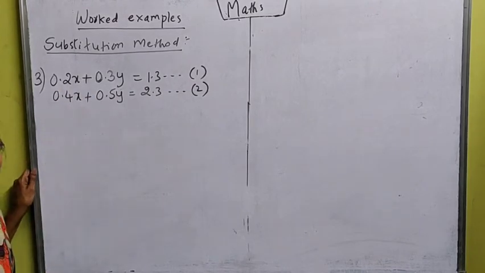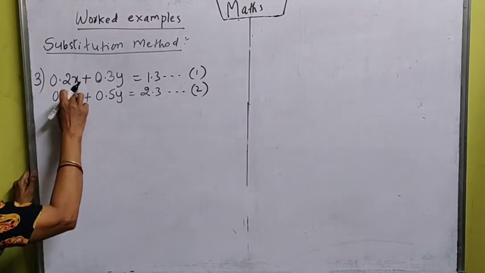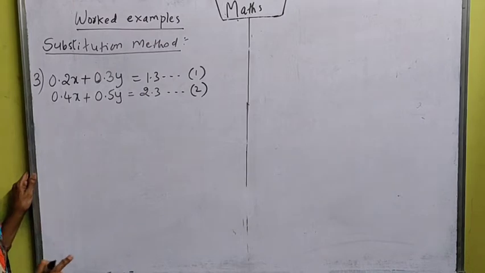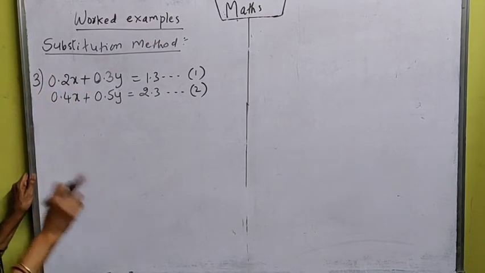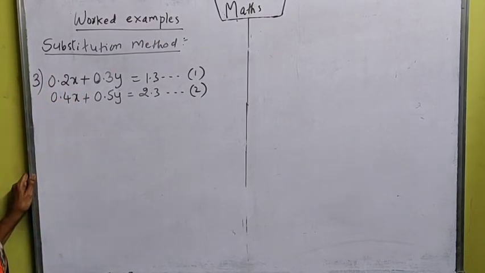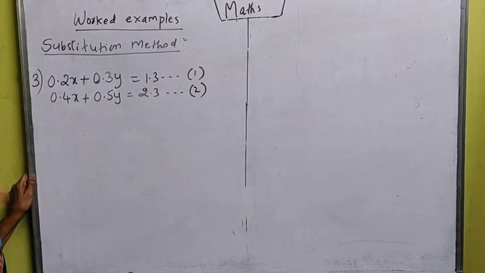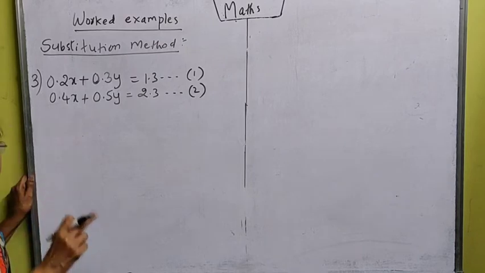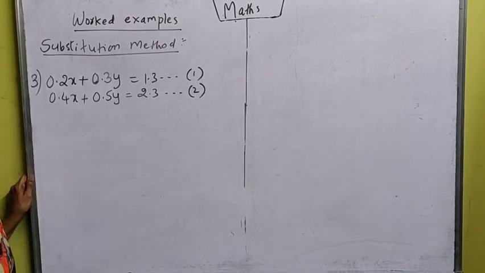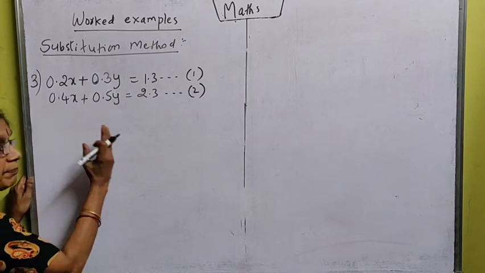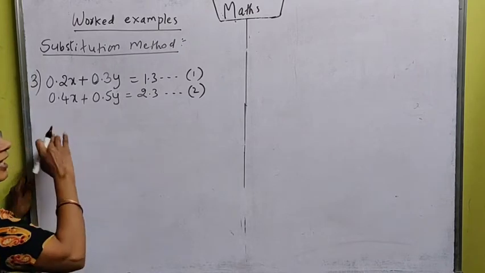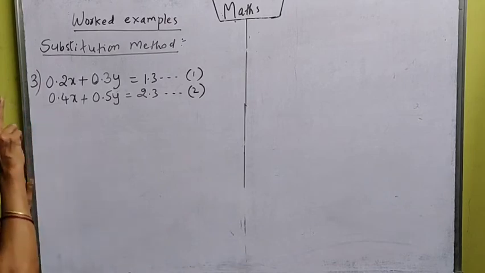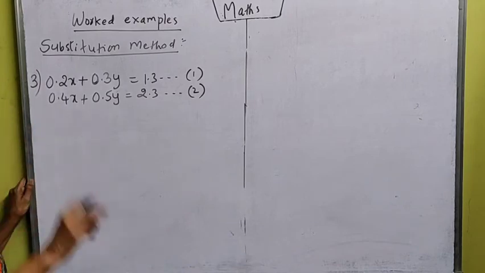Which number is least? 0.2x. So I will select this equation and with it I will find the value of x. Why? Because it will be easy for you to calculate. With a bigger number, you will make mistakes. So always remember, keep x on the left hand side, take y to the other side, and choose the equation whose coefficient of x is lesser.